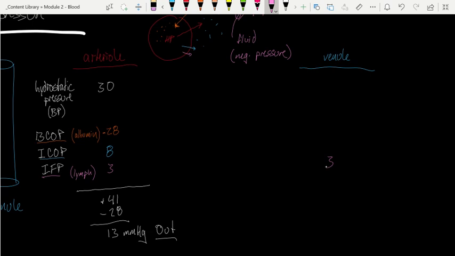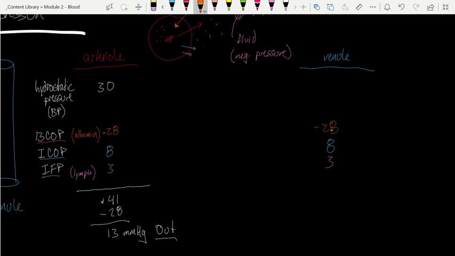You could make the argument that because fluid went out, that made it a little bit less concentrated, so that value might go down a little bit. But that's also going to be contrasted with the fact that if that's going down, BCOP is going up, just because we're shuttling water back and forth. And so it's easiest to think about this as these values remaining the same. ICOP is still at 8. BCOP still at that negative 28.